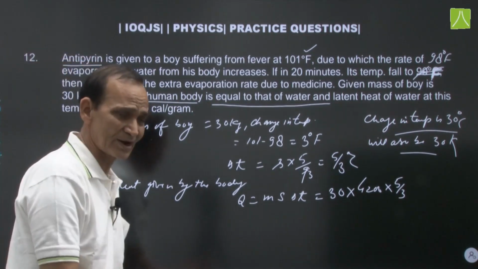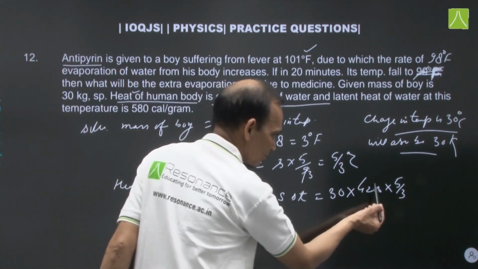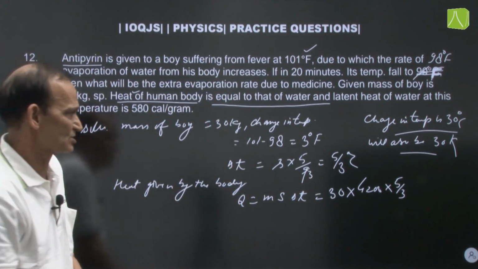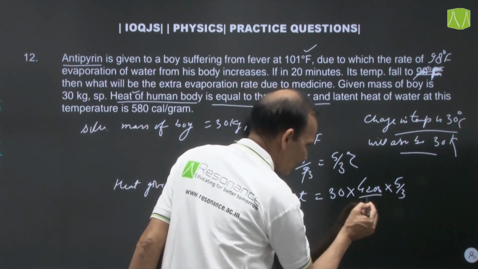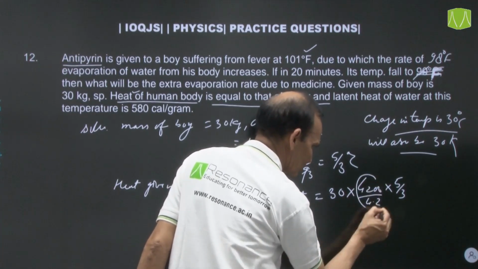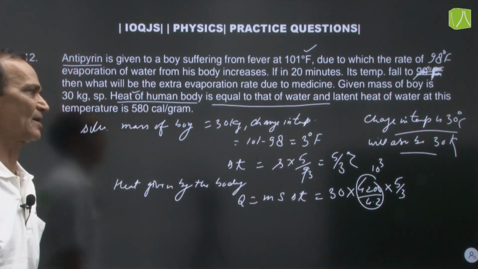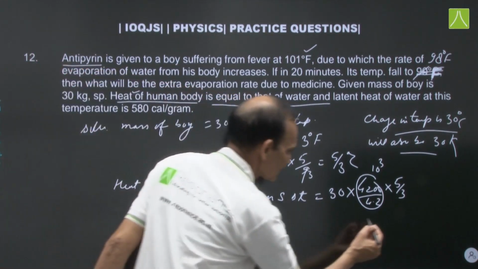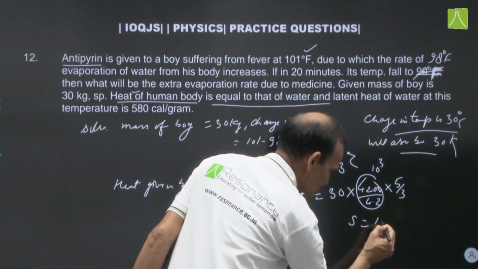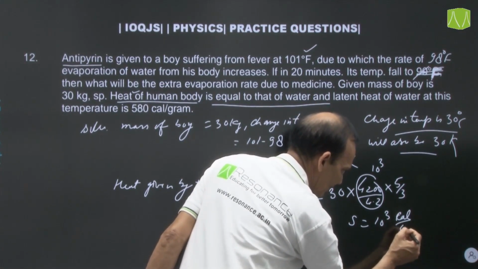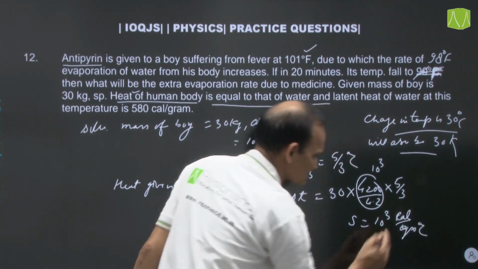If you want to calculate in calorie, then it must be not kilo, to find divide by J, divide by J means 4.2. If you cannot do this, then put here only 10 raised to the power 3 calorie per kilogram. S is 10 raised to the 3 calorie per kilogram degree Celsius.